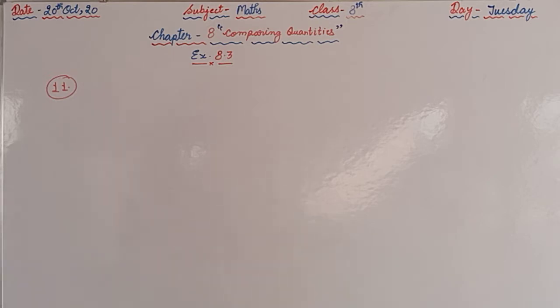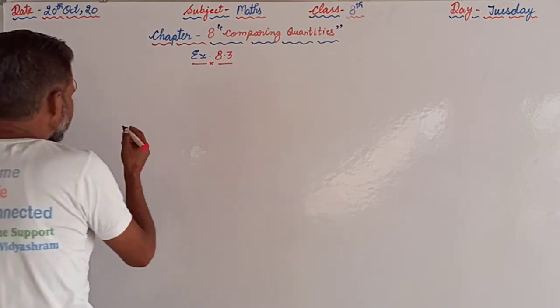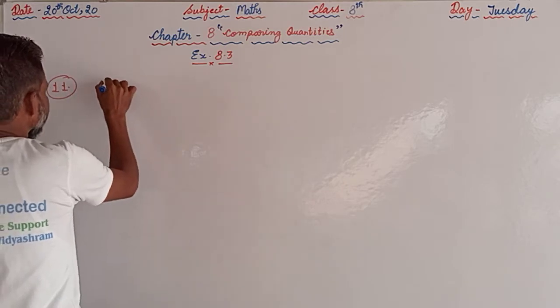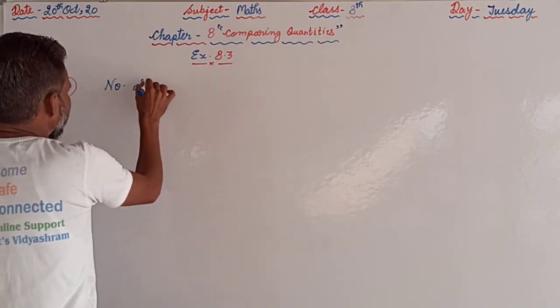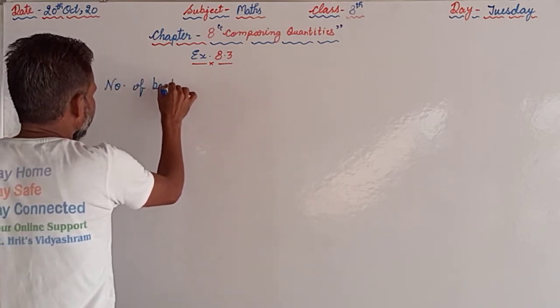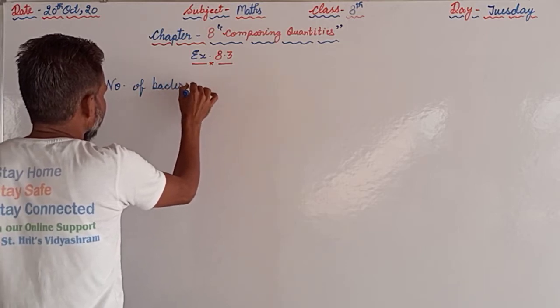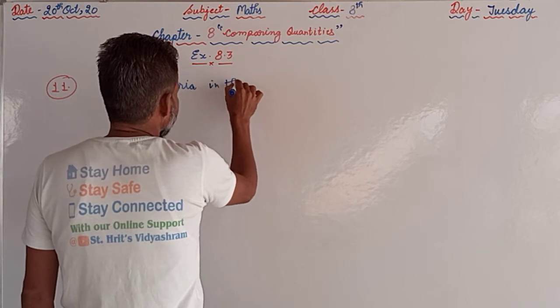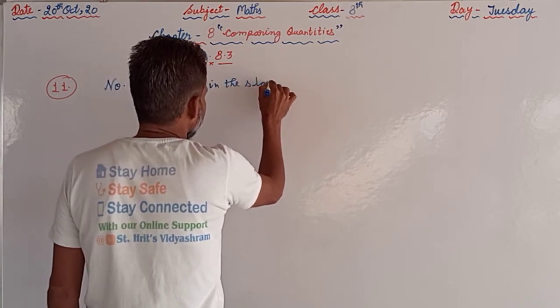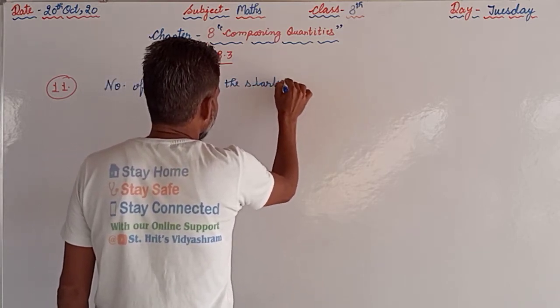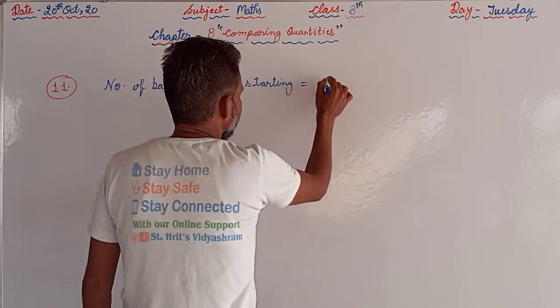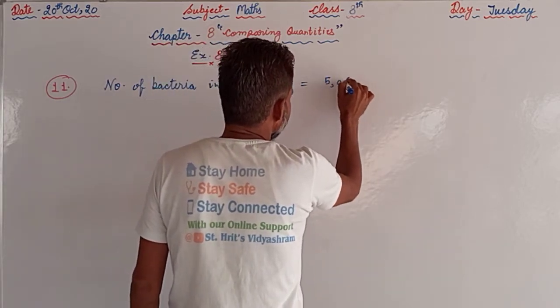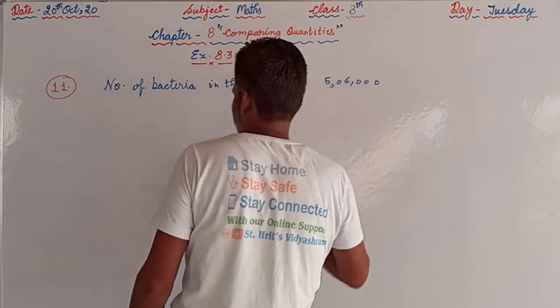So the number of bacteria in the starting is 5 lakh and 6,000.